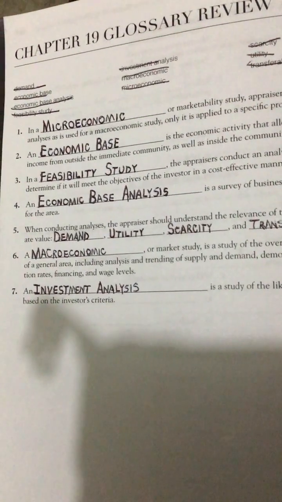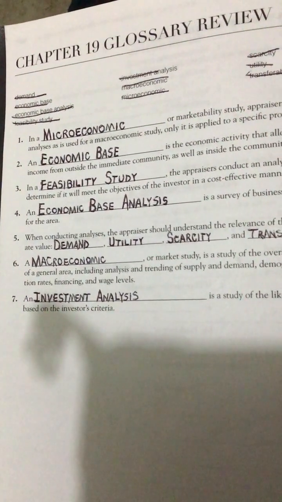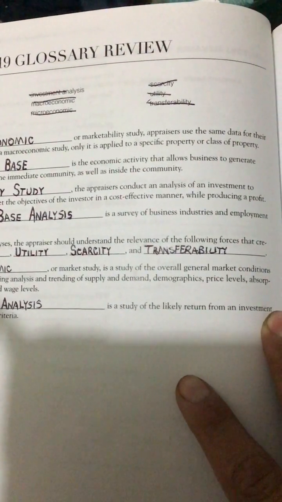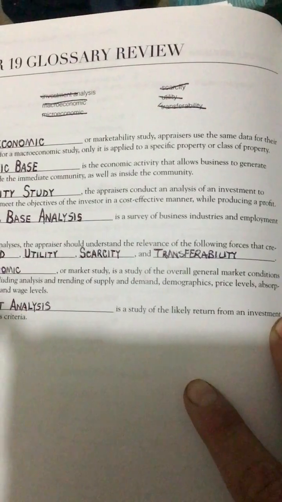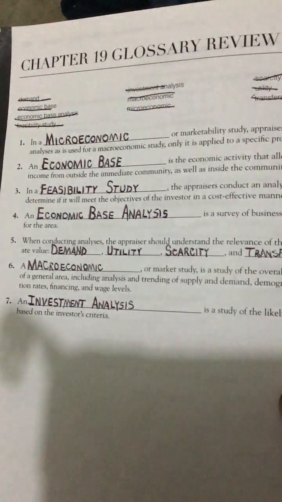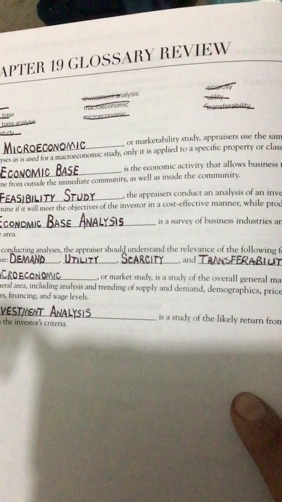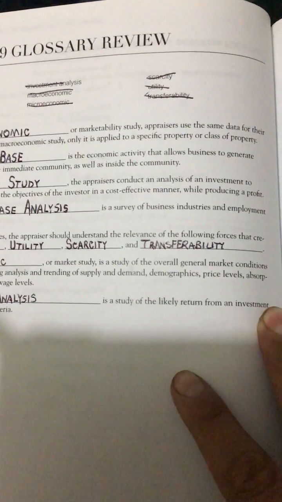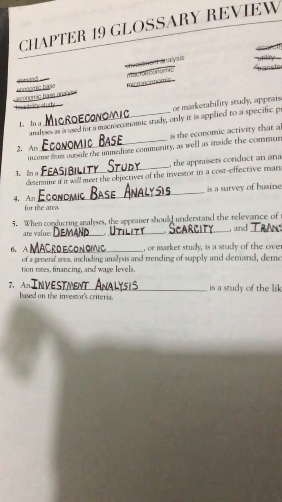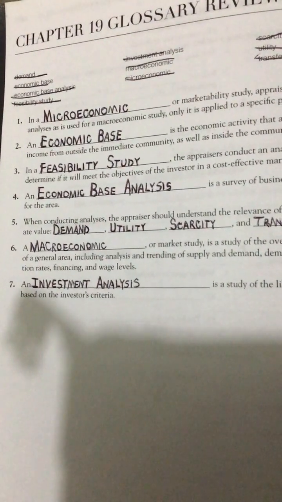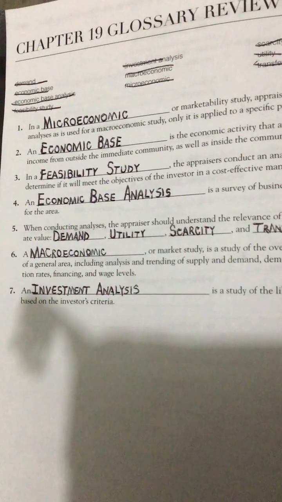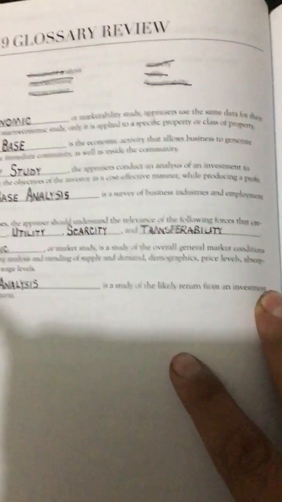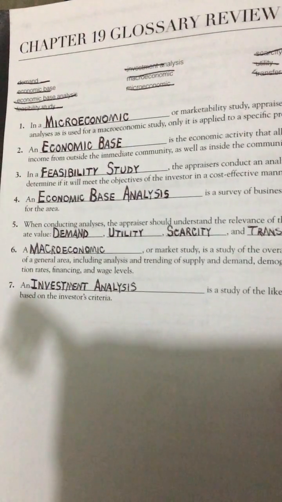Number 3, in a feasibility study, the appraisers conduct an analysis of an investment to determine if it will meet the objectives of the investor in a cost-effective manner while producing a profit.